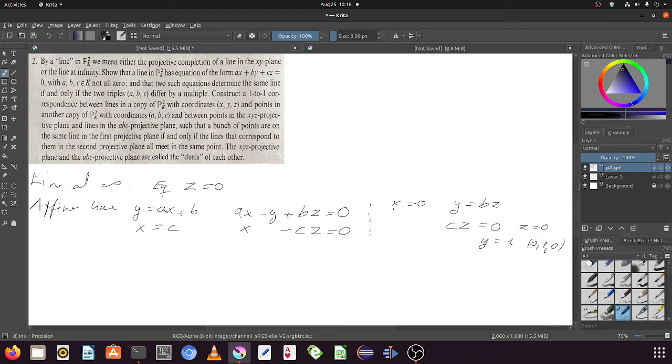Well, now let's take this one. y equals bz. And then we should have the point at infinity. No, we do have z equals 0.